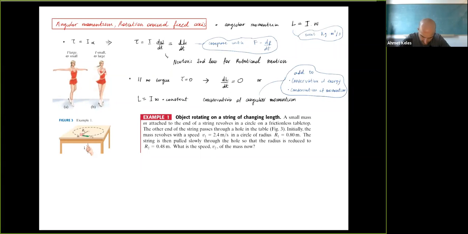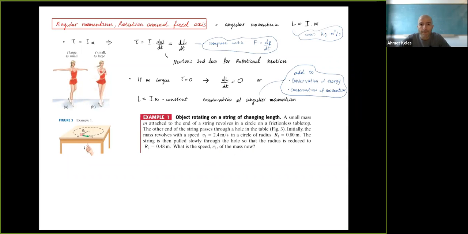Initially, the mass revolves with speed v1, 2.4 meters per second, in a circle of radius r1 equal to 0.80 meters. The string is then pulled slowly through the hole so that the radius is reduced to r2 equal to 0.48 meters. What is the speed v2 of the mass now?